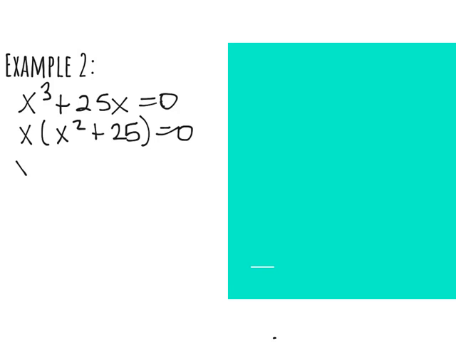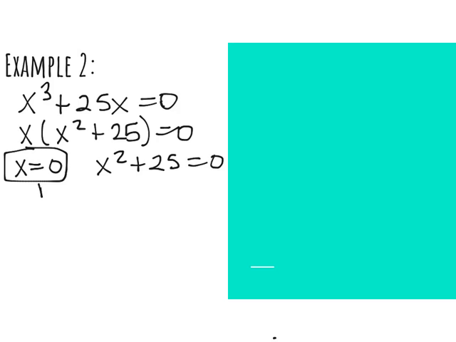So I'm going to go ahead and set each of these equal to 0 and solve for x. This one's already solved for x, so this one is actually one of our real roots. And then here I need to do a little bit of work to solve for x.